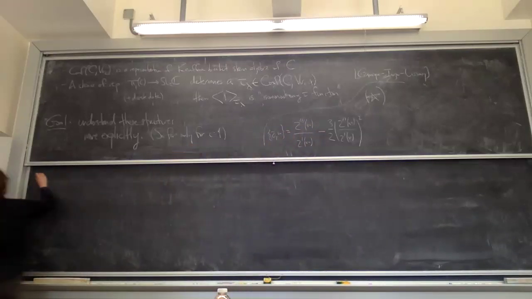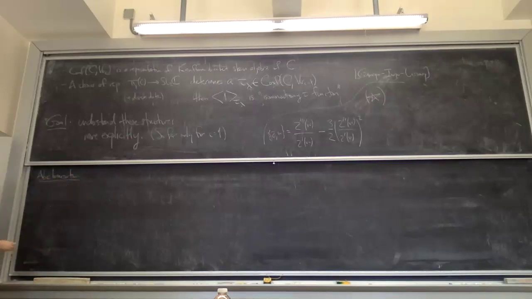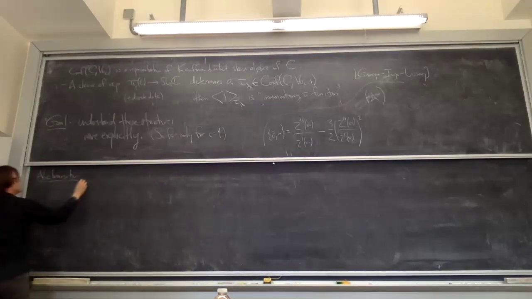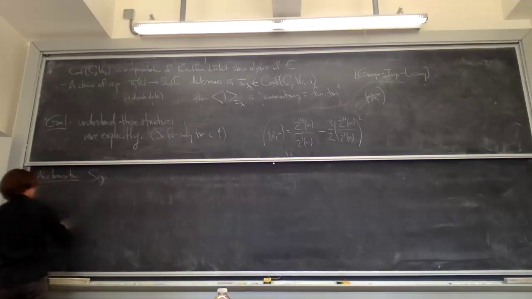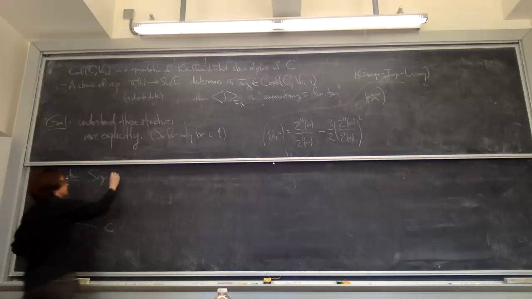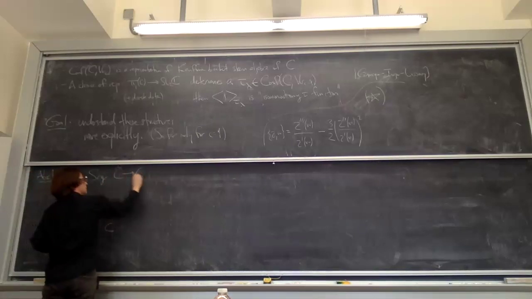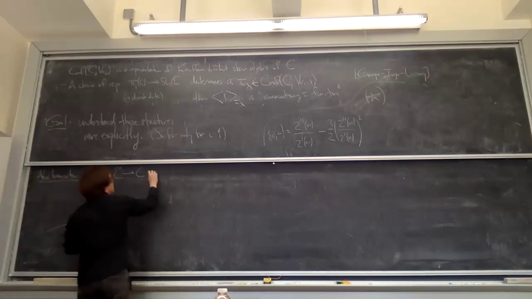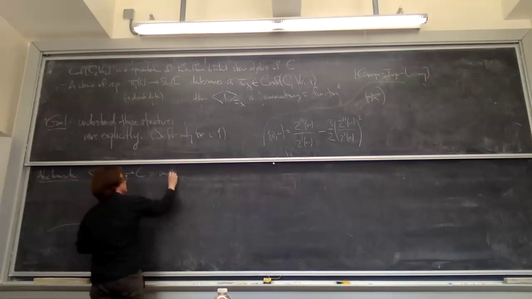Okay, so what I want to talk about is a way to relate the two things that we discussed. Suppose I have my surface C. I want to understand the Virasoro blocks on C, and the way I'm going to understand it is to consider a branched double cover of C. A smooth branched double cover.